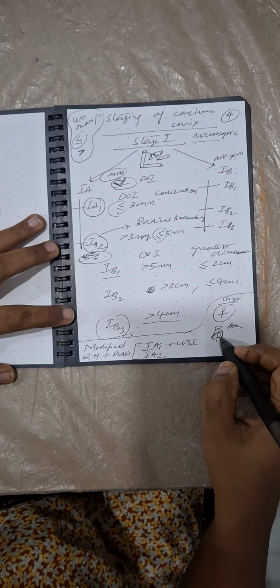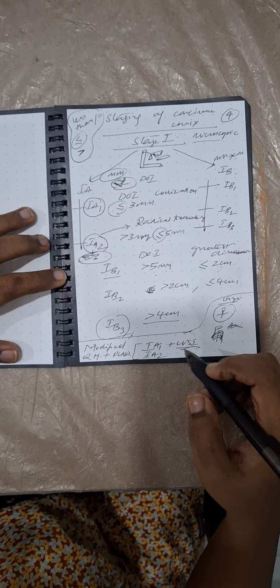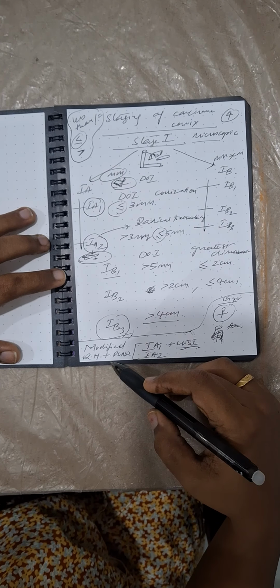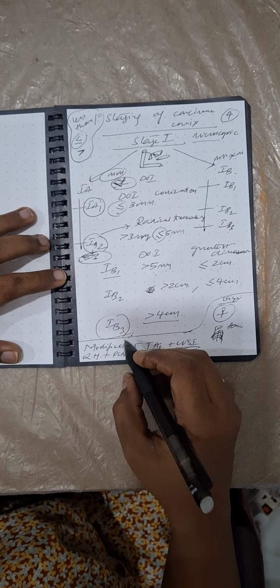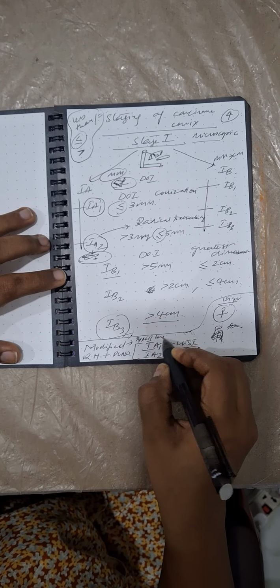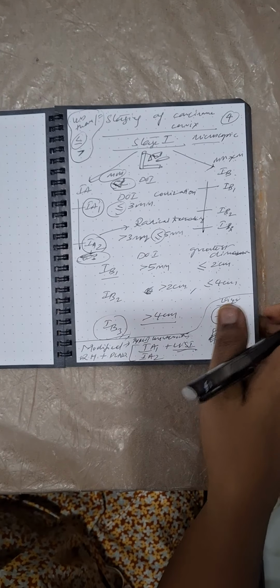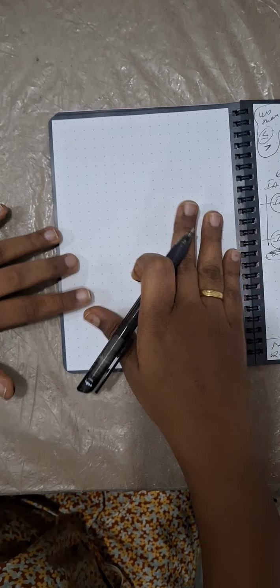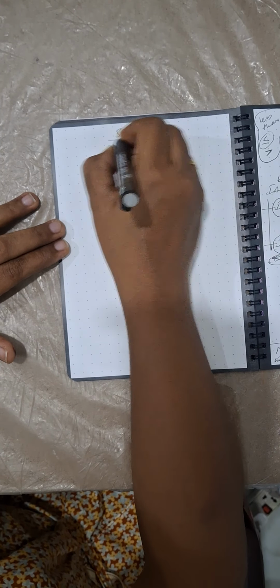For an older lady coming with all this, or any lady with lymphovascular space invasion, you will go for modified radical hysterectomy plus pelvic lymph node dissection. Sometimes they won't give modified radical hysterectomy, they will give type 2 hysterectomy. Remember that also. Okay, that's about stage 1A. Now coming to stage 2.